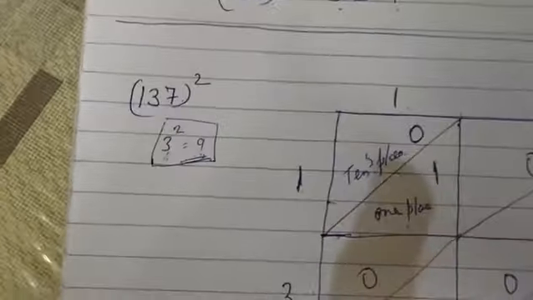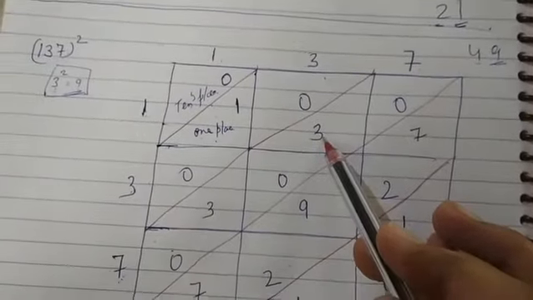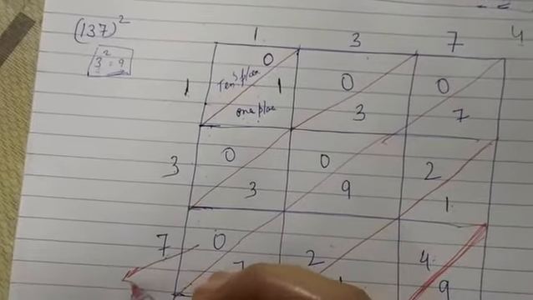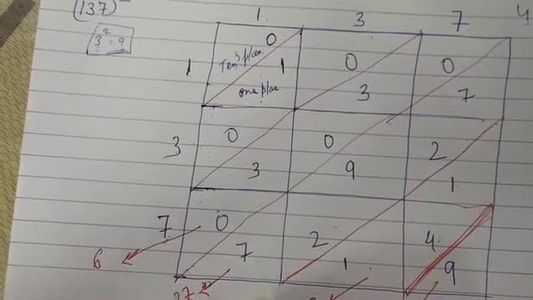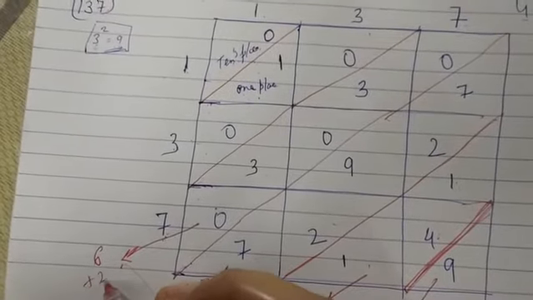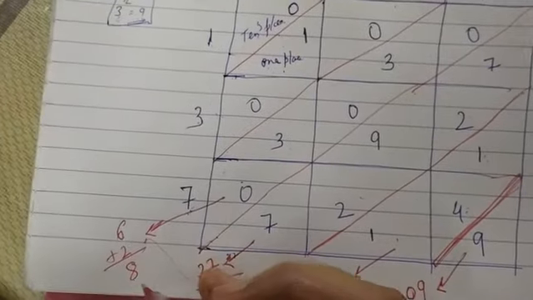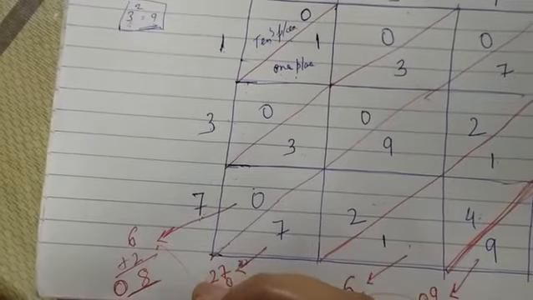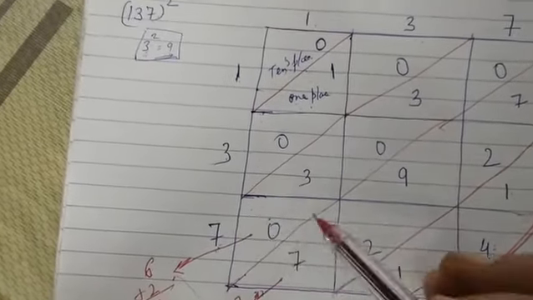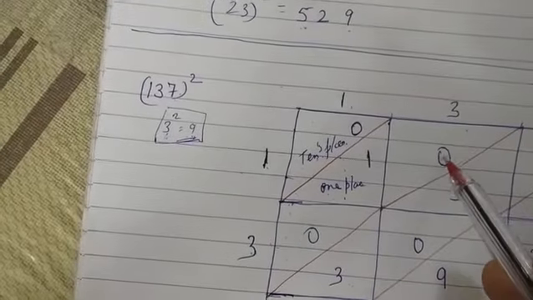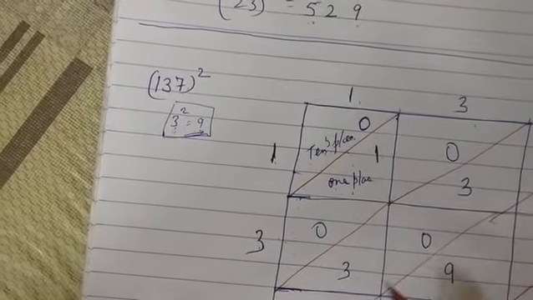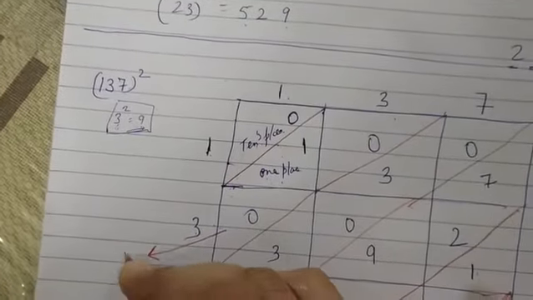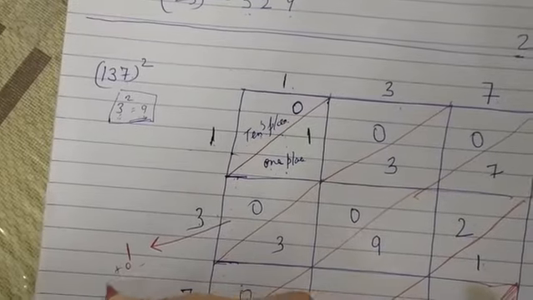Next diagonal: 3 plus 3, that is 6. Carry over 2, that is 8. The tens place is 0, so the carry over will be 0. Then 0 plus 1 plus 0, that is 1. Carry over is 0, so that is 1 only.